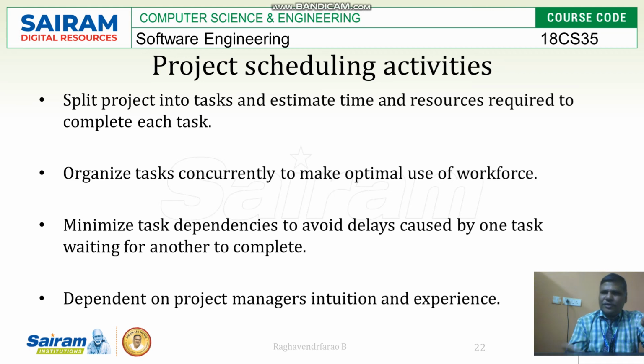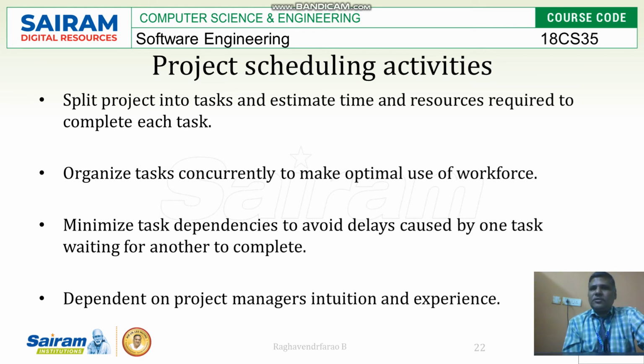Okay, we're going to have those scheduling concepts in the next slides. If there is a dependency from one program to another program, then unless the first program completes, the second program cannot start. So you have to minimize it first. To minimize that, the manager must understand how this project is going to be scheduled. Which tasks are there now, and how these tasks are going to be scheduled, he is going to think about those things and execute based on that.